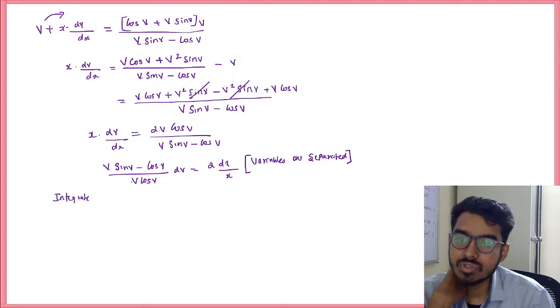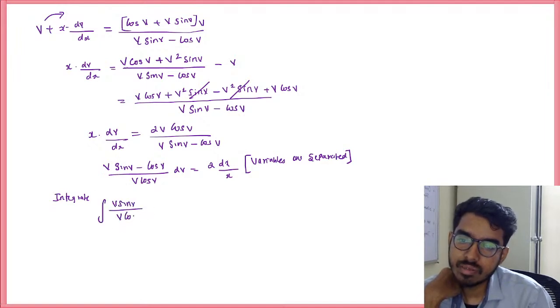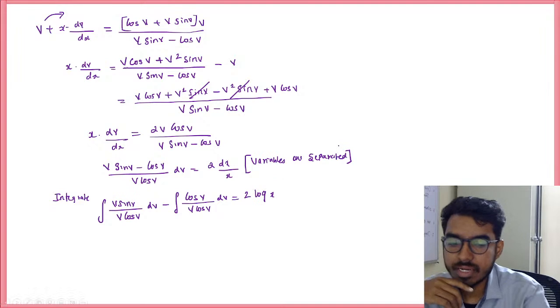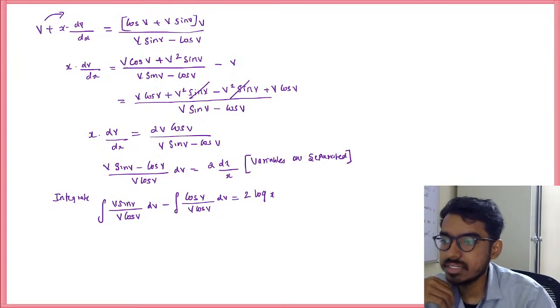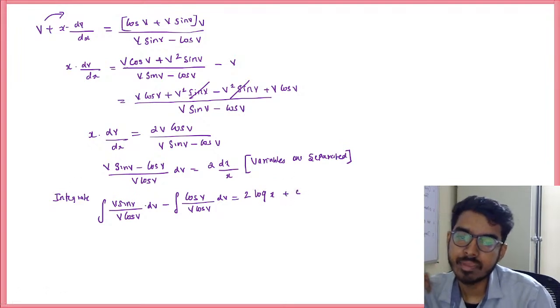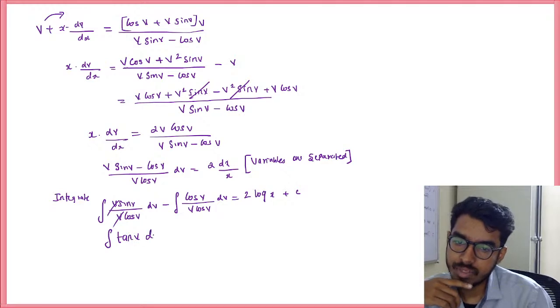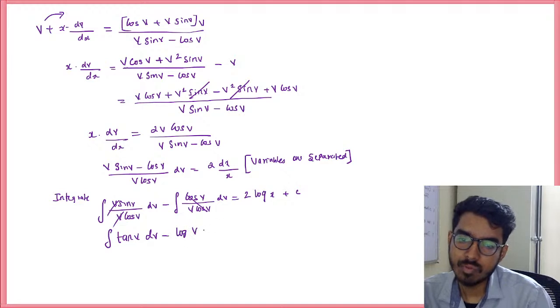So if I integrate this, I can write this separately: v sin v by v cos v dv minus cos v by v cos v dv. This will be 2 log x, and we will add some integration constant c or log c, right? This is integration of tan v dv will be log v, right? 1 by v.